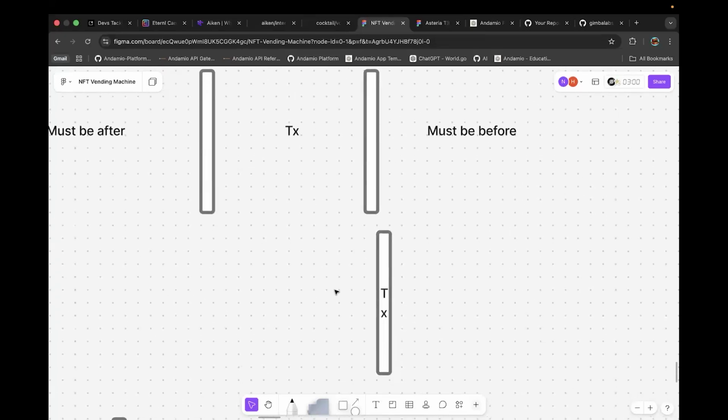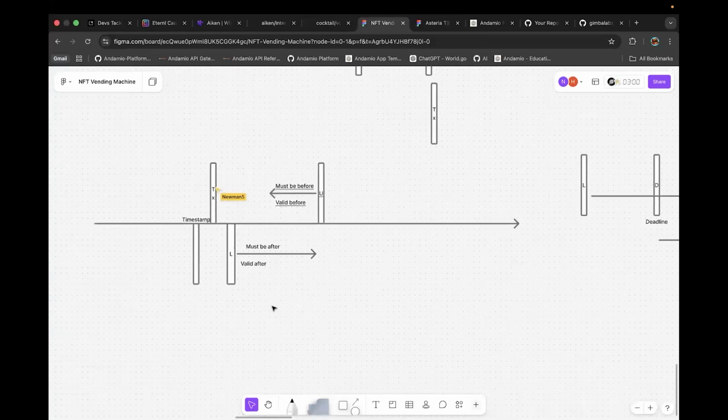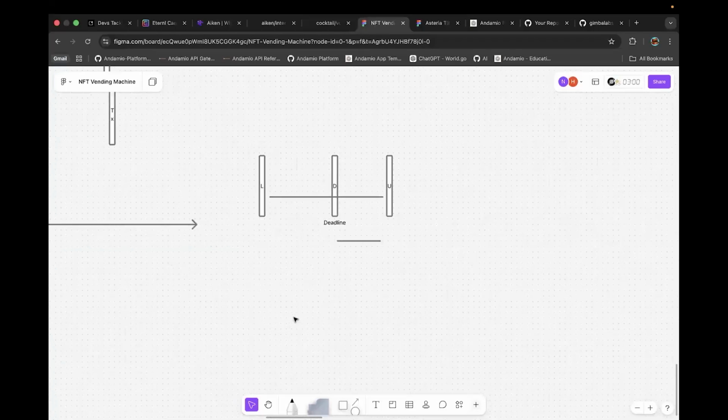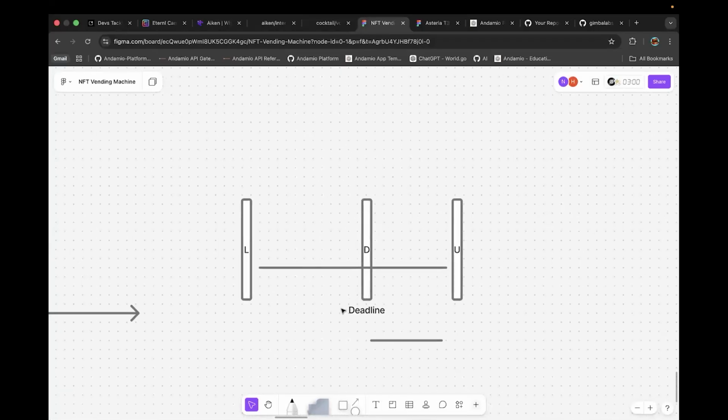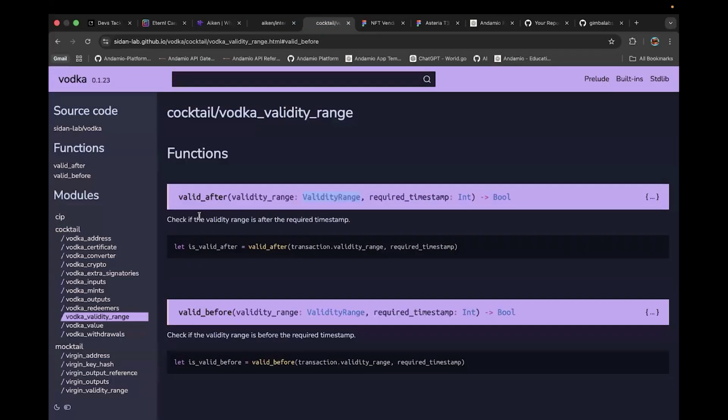So now we can set our rules. Go ahead. If we incur invalid before or invalid after, I don't know if I'm communicating right. No, but this is right. Invalid after, invalid before. Valid before, valid after. Yeah.